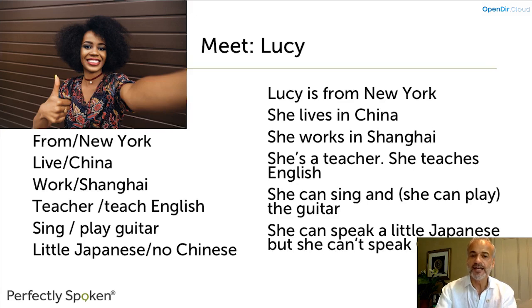And now let's do some practice. So we have can, but of course we've got the present simple, the verb to be, the other things we have been learning in other lessons. So let's practice with Lucy. Lucy on the left. Here's Lucy from New York.